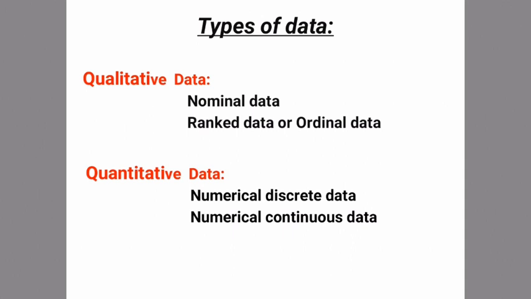Ordinal data have more than two categories, and those categories can be ordered. Quantitative data involves numerical discrete data and numerical continuous data. Numerical discrete data only take integers, and are not allowed to take a value with decimals, but numerical continuous data can take any value. It is allowed to take a value with decimals. Those are the types of data in medical statistics.